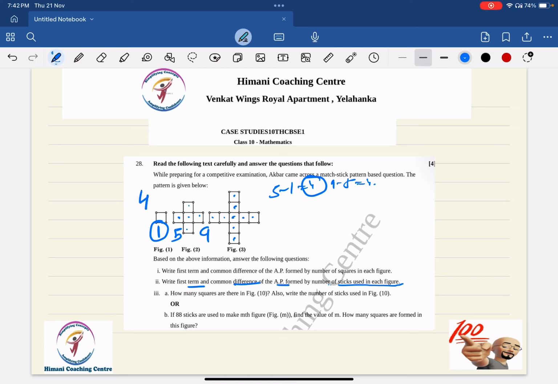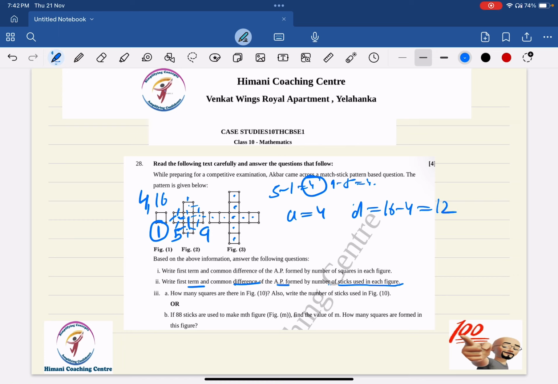How many sticks are there in this? You can quickly count. So 1, 2, 3, 4, 5, 6, 7, 8, 9, 10, 11, 13, 14, and 15. So have we counted correctly? Let's see, and this one 16. Yeah, so 16. Now we already know it's an AP, so we don't need to count the other one. Yeah, we will not waste time. So then the first term here is 4 and common difference is 16 minus 4, which is 12. So that is the answer for second one.